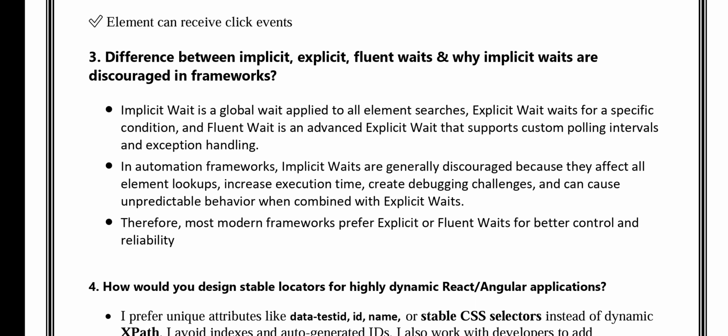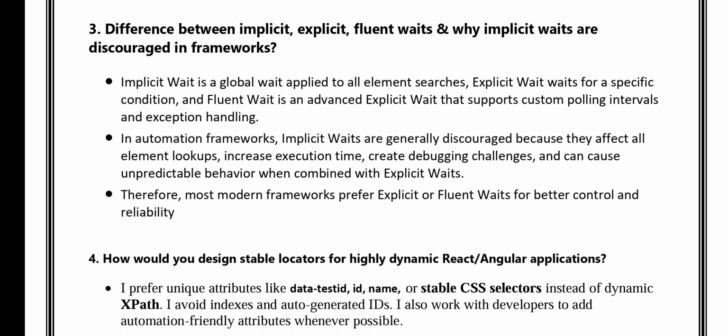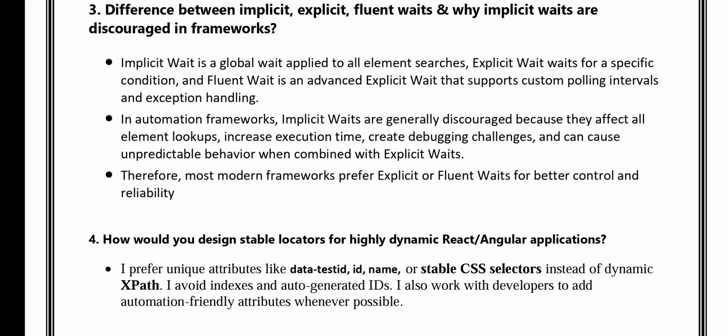The next question goes like: what's the difference between implicit, explicit and fluent waits, and why are implicit waits discouraged in frameworks? Implicit wait is a global wait applied to all element searches, whereas explicit wait waits for a specific condition, and fluent wait is an advanced explicit wait that supports custom polling intervals and exception handling.